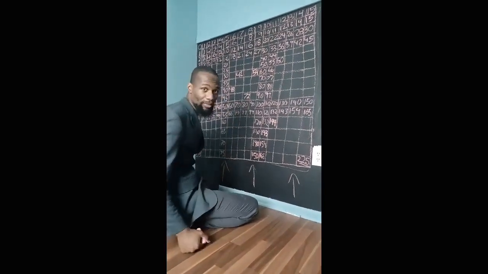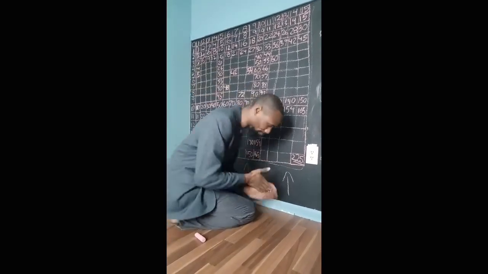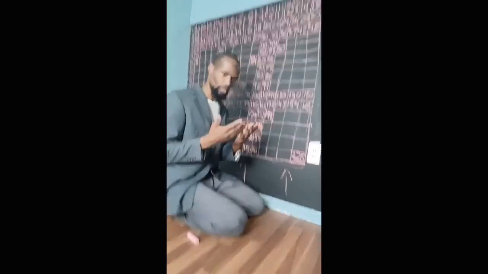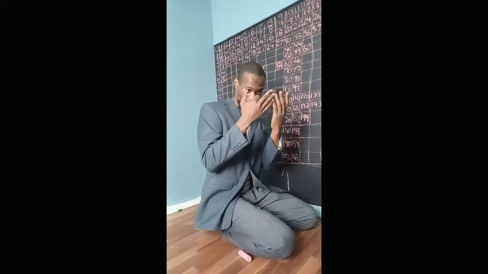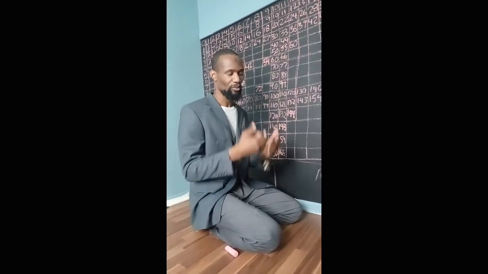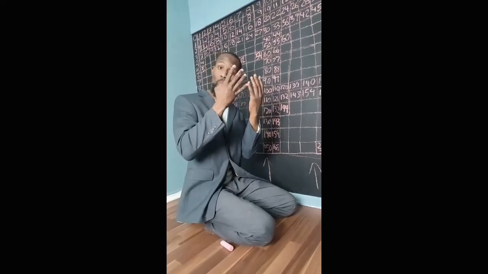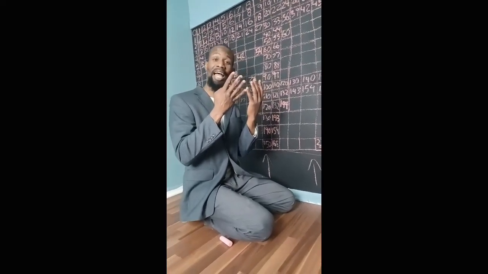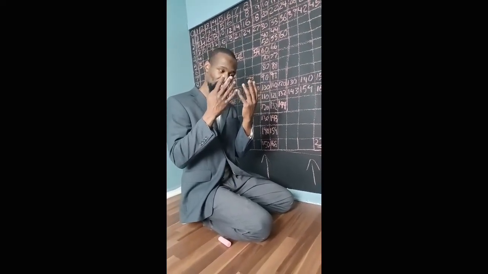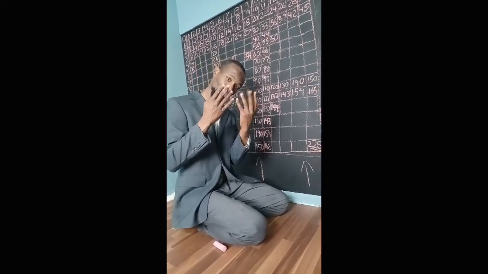I want to do the nines on my fingers. Now, 1 times 9 is 1, 2, 3, 4, 5, 6, 7, 8, 9.